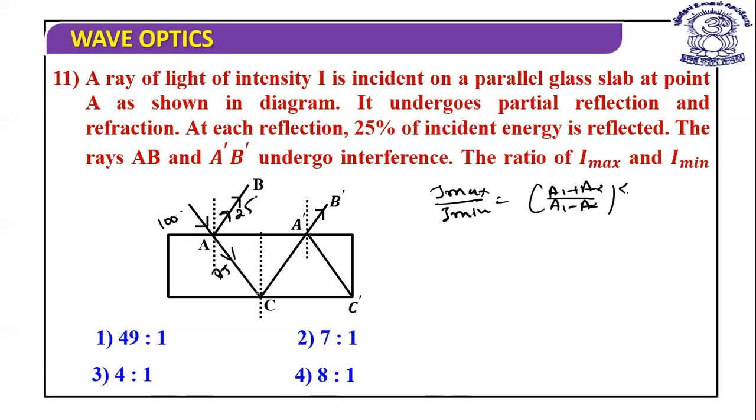Again at this point 75 by 4% is reflected by this incidence. So finally, after refraction, 3/4 of 75 is refracted in the medium, that is A2. So put these values in this equation of I max by I minimum and solve it. We will get the ratio 4:1.